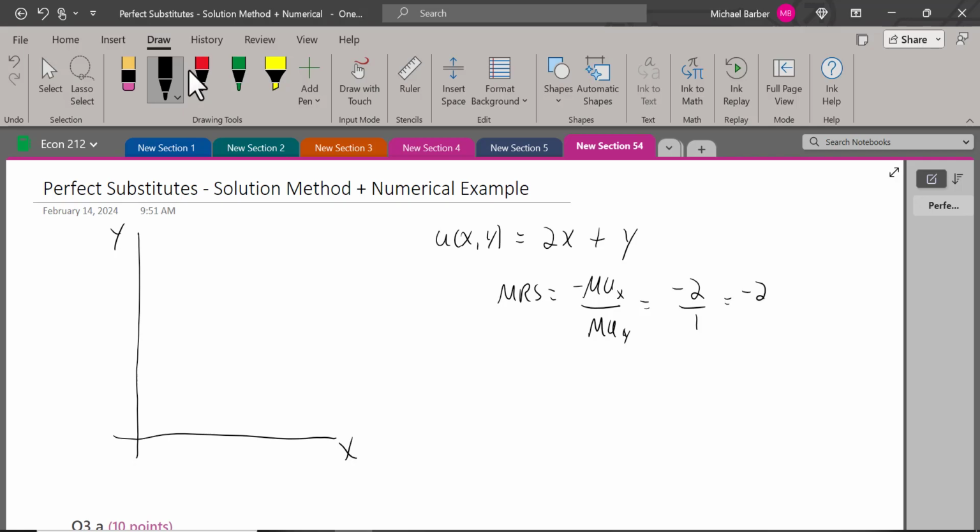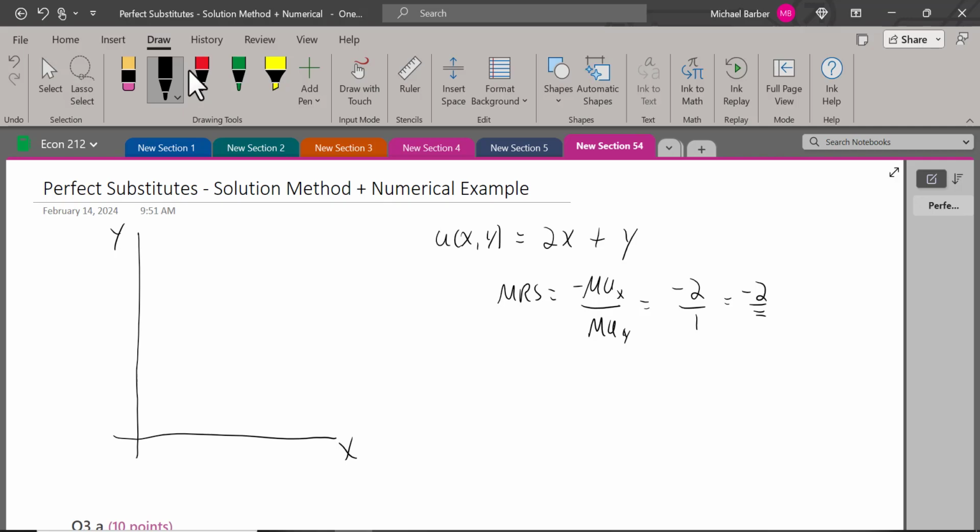So there's a constant marginal rate of substitution, which means the slopes of these indifference curves are a constant slope, right? So we can't use that tangency condition anymore because there's not going to be a tangency when we have a budget line that's straight, or linear.